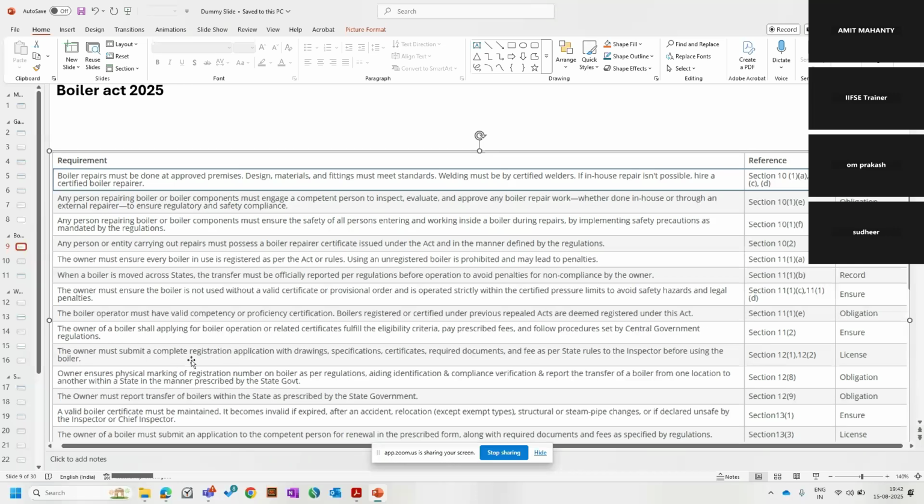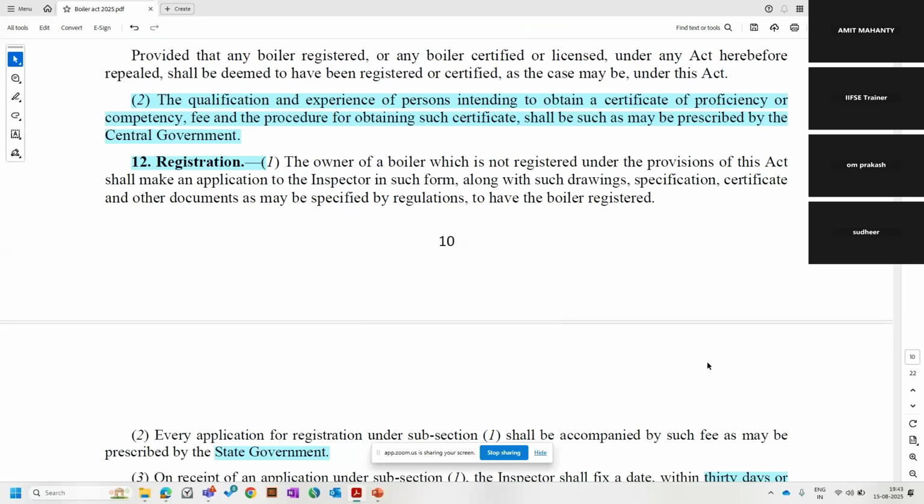The owner must submit a complete registration application with drawings, specifications, certificates, required documents, and fees as prescribed by the state rules to the inspector before the use of the boiler. So they have to do the registration of the boiler.